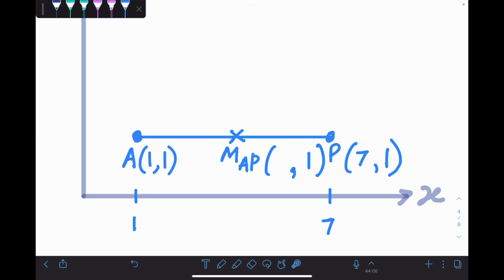I do know how to find something that will tell me what is directly in the middle, and I bet you do as well. It's something you've seen before in statistics. It is called our average.